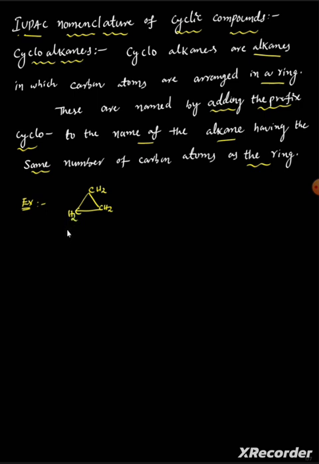This name is given as cyclopropane. Actually, the alkane with a 3-membered carbon chain is propane, and the prefix we are writing is cyclo. Like this.